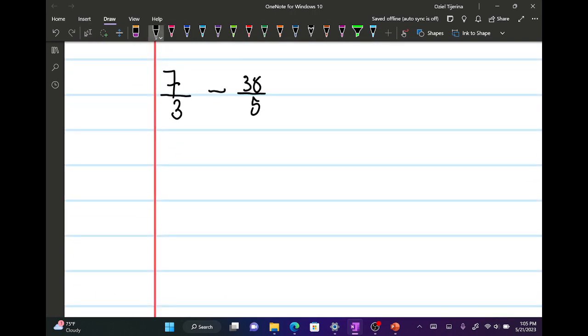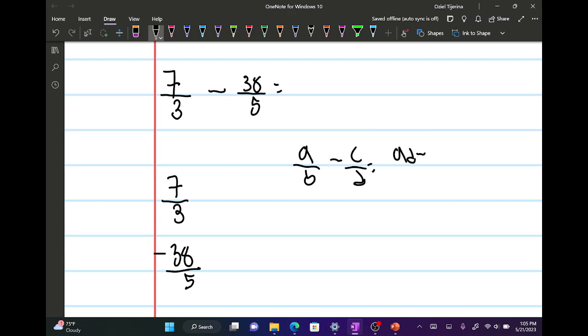The rule is A over B minus C over D is AD minus BC over BD. But if you don't know that rule, you can always just do it vertically.